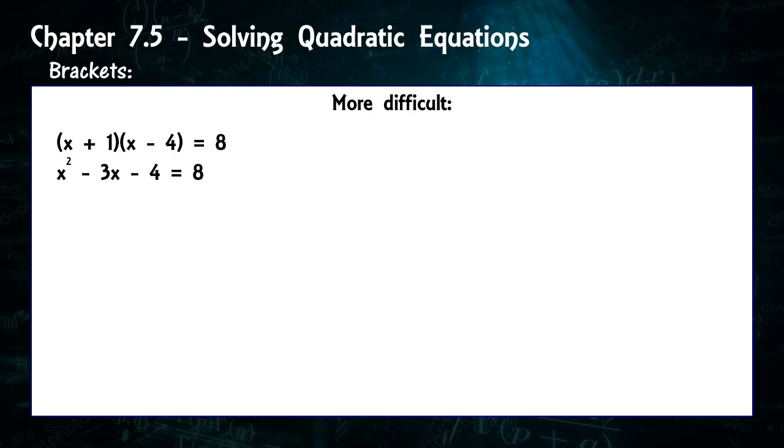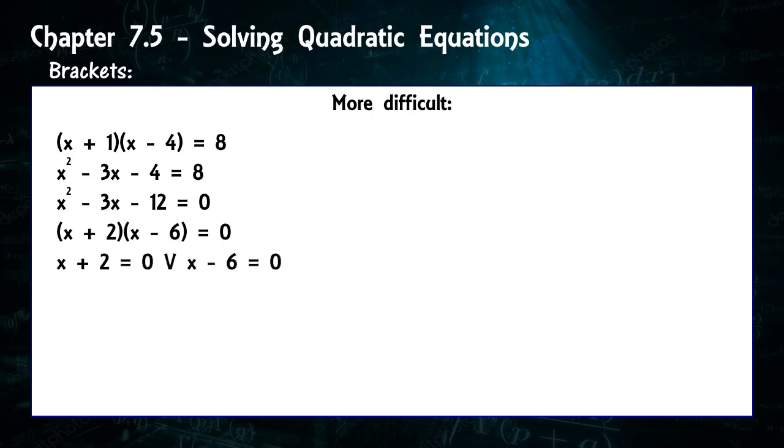We then turn the right-hand side to 0 to receive x squared minus 3x minus 12 is equal to 0. And then we factorize our resulting trinomial into (x plus 2)(x minus 6) is equal to 0. Following the standard steps, we end up with the solutions x is equal to minus 2 or x is equal to 6.